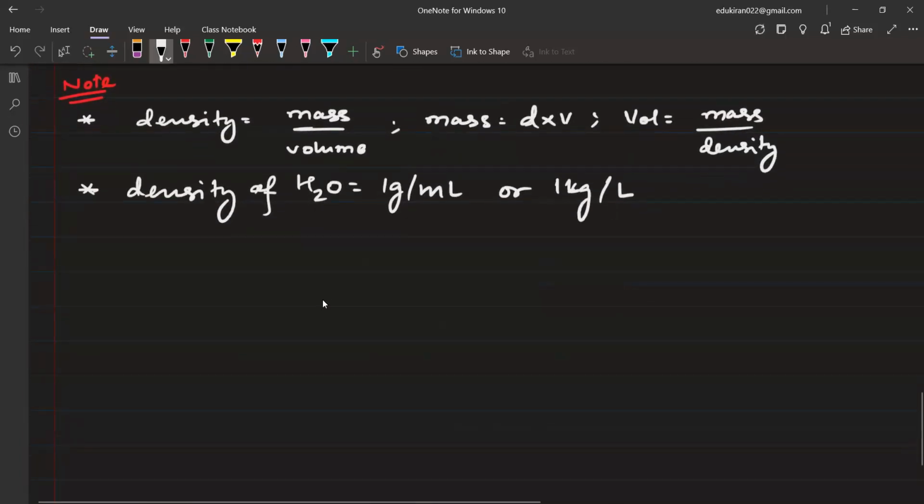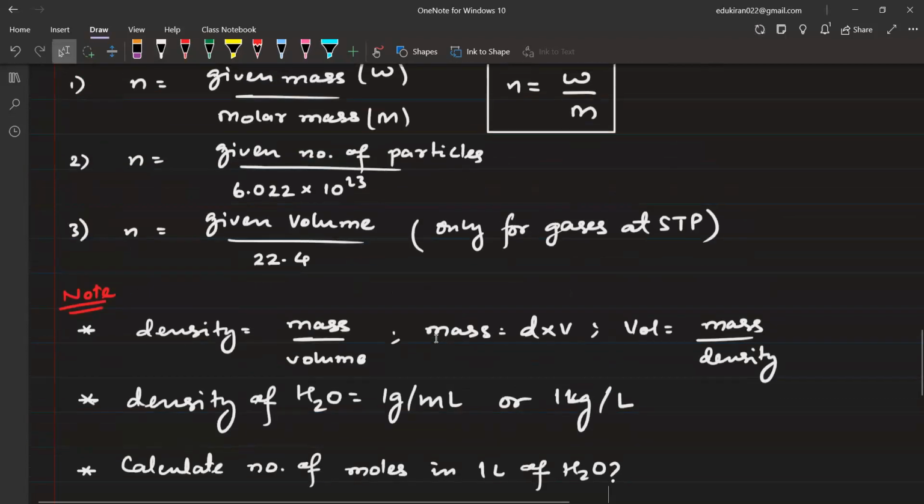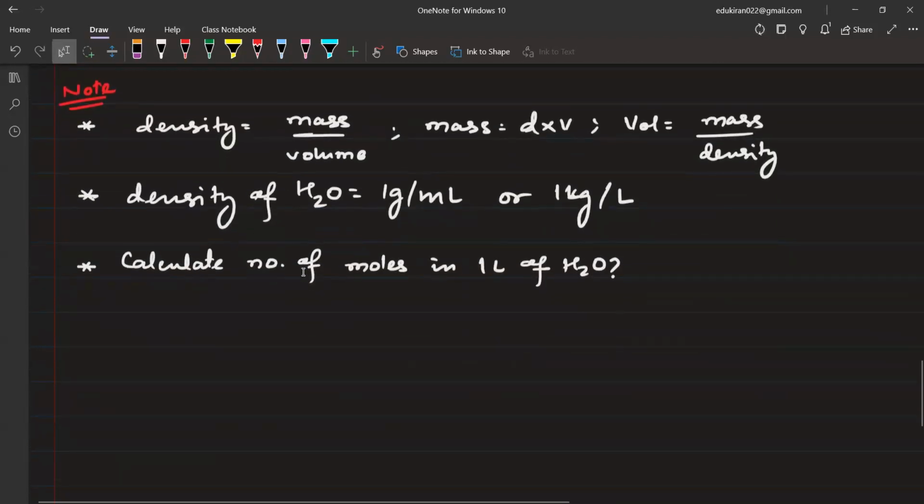Right, next. Number of moles. I mean, do it in terms of questions. So calculate the number of moles in 1 liter of water. Generally people, when they see liter, use this formula, given volume by 22.4, but that is wrong because water is not a gas, water is liquid. So this question requires the knowledge of density of water.